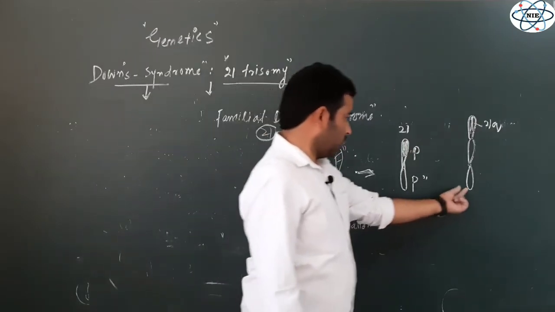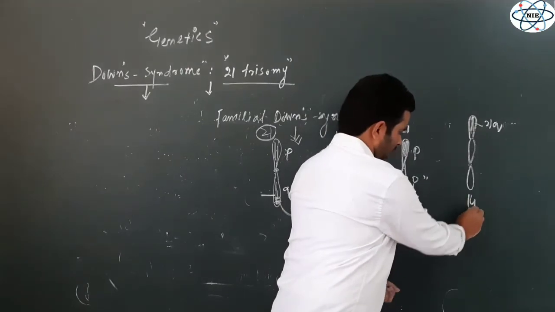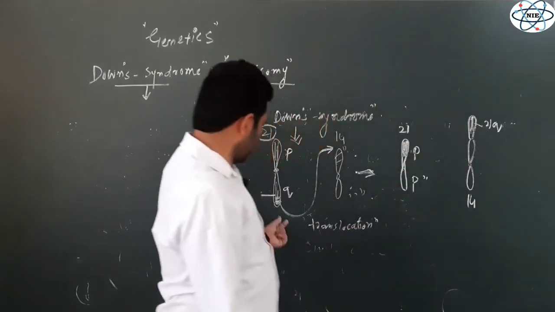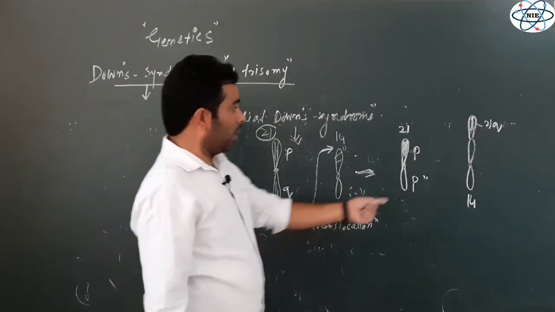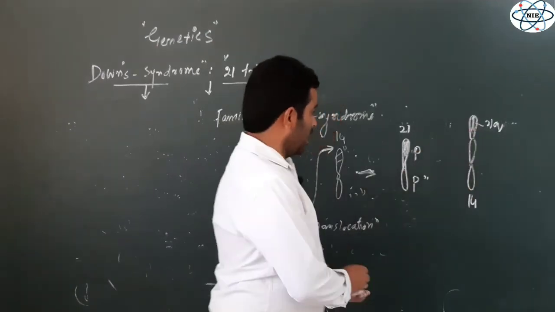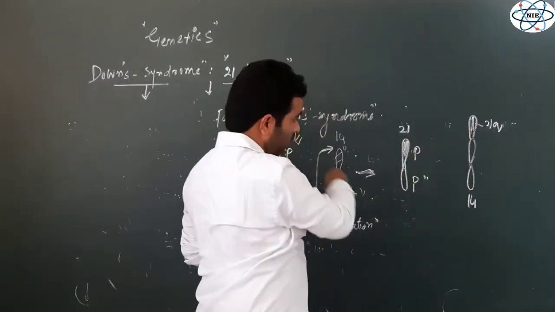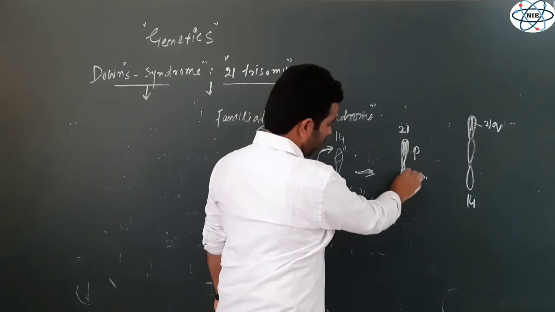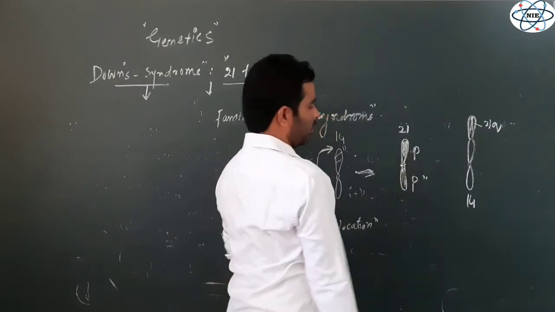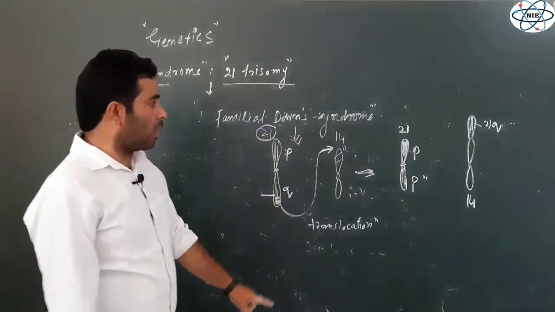So now chromosome 14 has one more segment of chromosome 21 on it. But 21 duplicates its P arm, and now there are two similar arms on the 21.